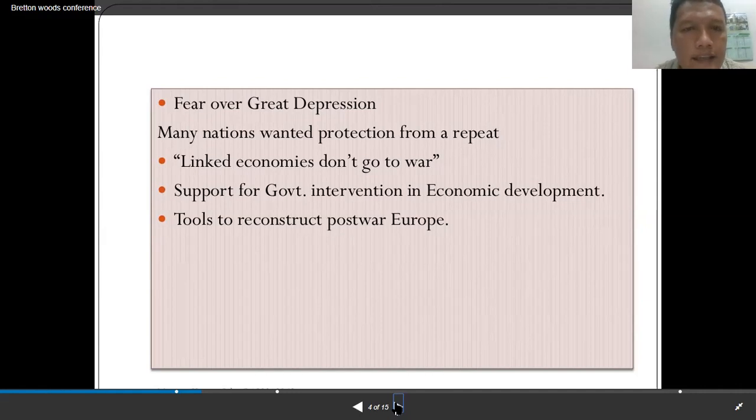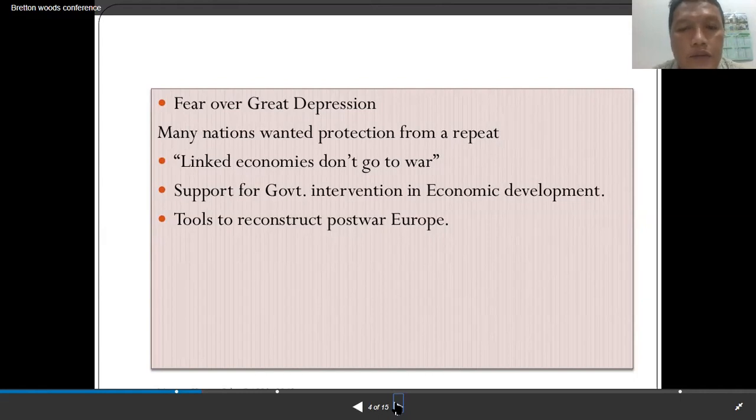And the second is the understanding that linked economies don't go to war. If they have international trade, countries who export will not undermine their business partner, because they need to sell their products. If other countries have problems in their economy, they cannot buy our products, and at the same time, if we have problems with our economy, other countries cannot export their products to our country.